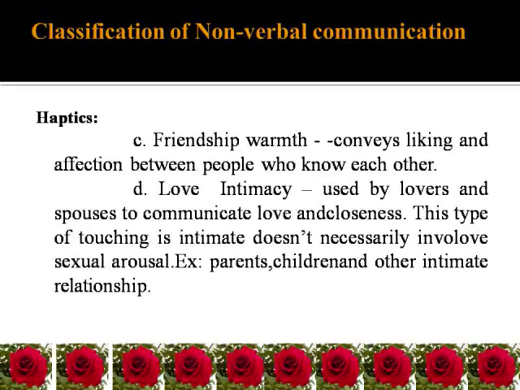Love intimacy, used by lovers and supposed to communicate love and closeness. This type of touching is intimate, doesn't necessarily involve sexual arousal, etc. Parents, children and other intimate relationships.